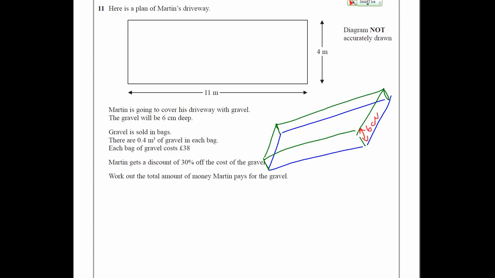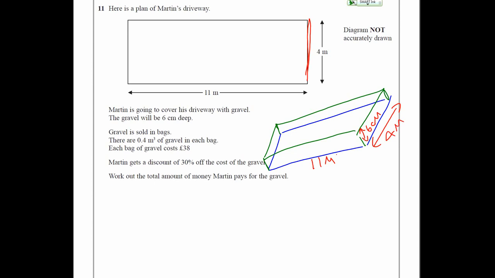So let's think of this as a plan looking down on the driveway. So that's going to be 6 up, 11 across. Oh, it's not centimeters, it's meters for the 11, so we'll need to talk about that in a minute. Obviously, your driveway won't be 11 centimeters. That would be ridiculous.